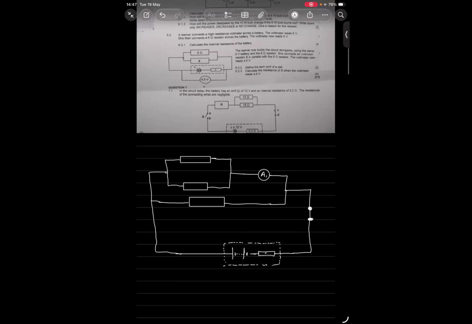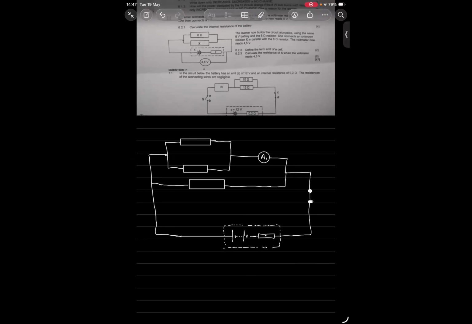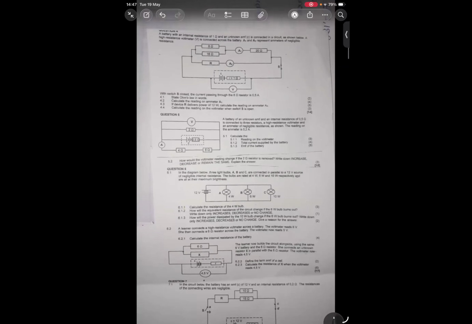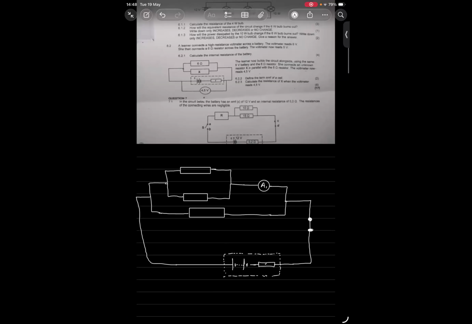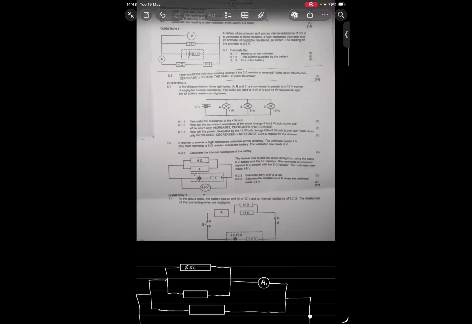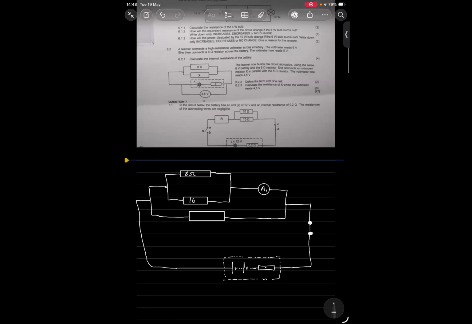I think the circuit is like this. Then we have 8 ohm. We have 16 and R. Right?